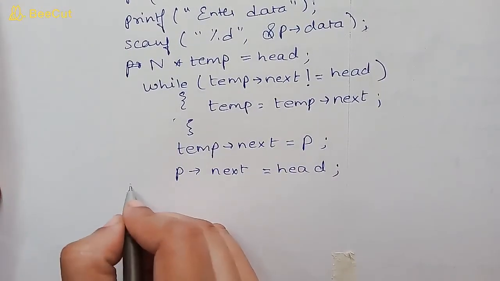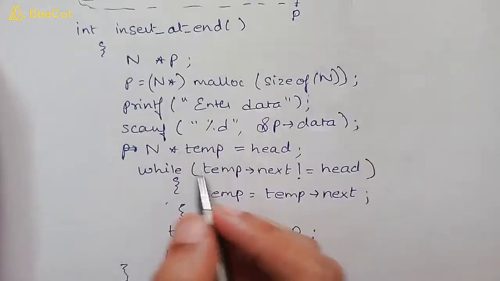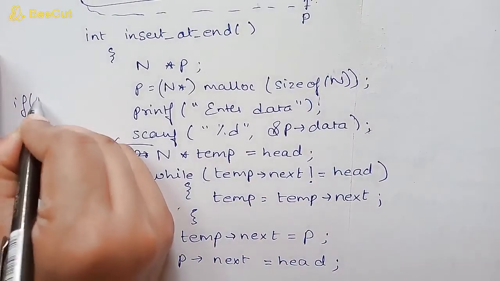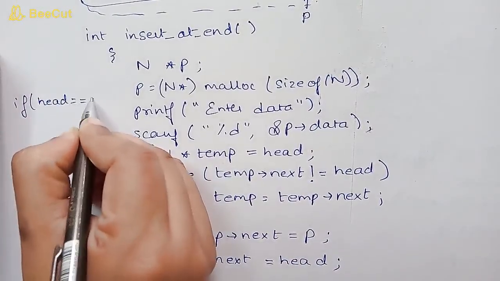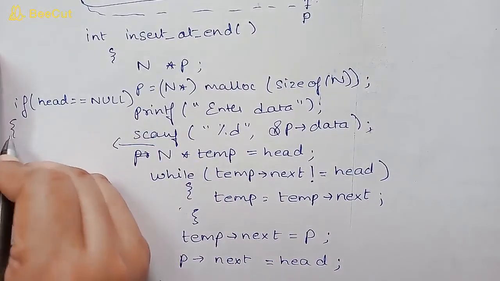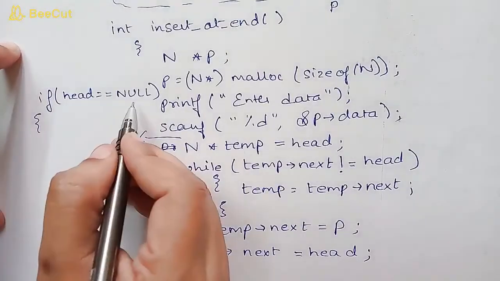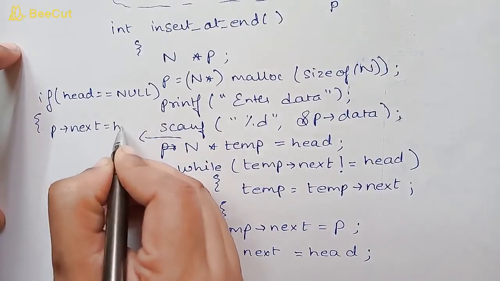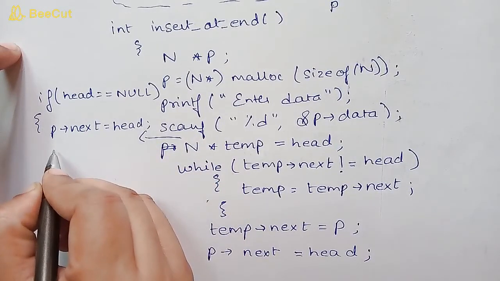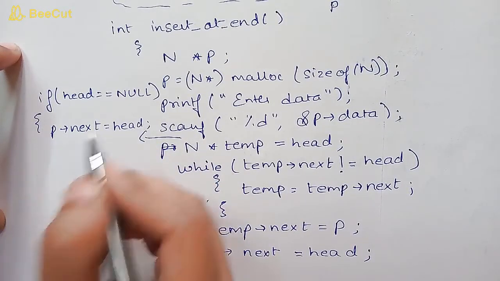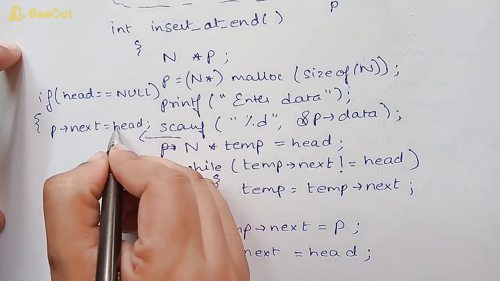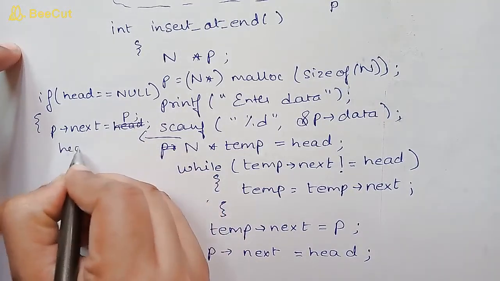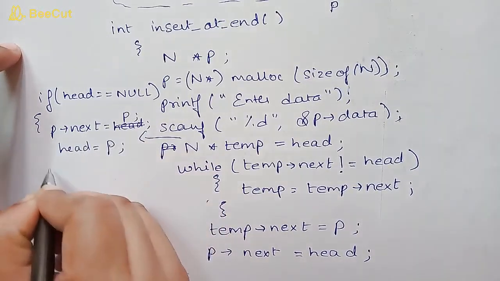Here in this particular code you can insert the check for if head is null. The same thing which we did in insertion at the beginning: if head is null, that means there are no nodes existing. So simply I'll write if head is null, then p next equals p, and head equals p, since head is null initially.